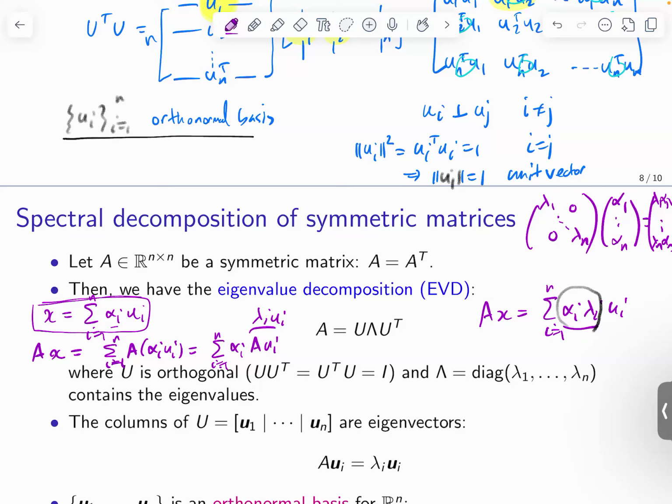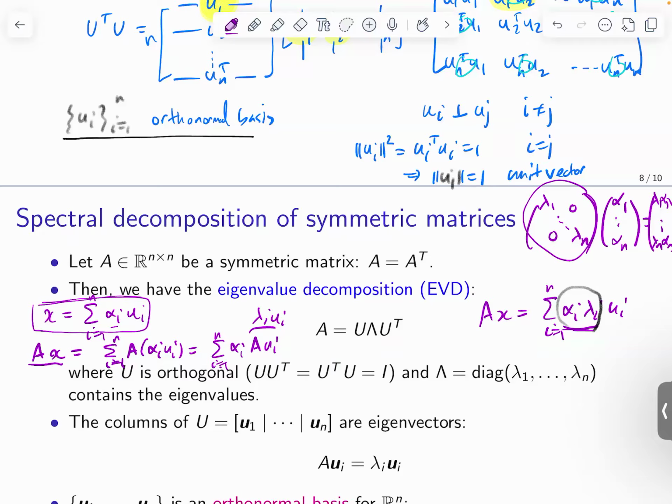So the effect of this eigenvalue decomposition is that I can now tell you how this operator acts on x by expanding it in the orthonormal basis of eigenvectors, and I just look at those coefficients, and on those coefficients, A acts like a diagonal matrix. This is how each direction is multiplied, so you expand in those directions, scale, and then put them back together.